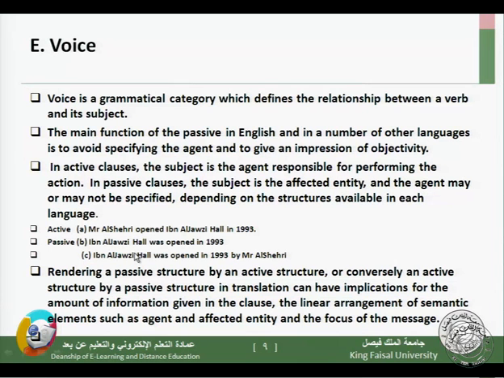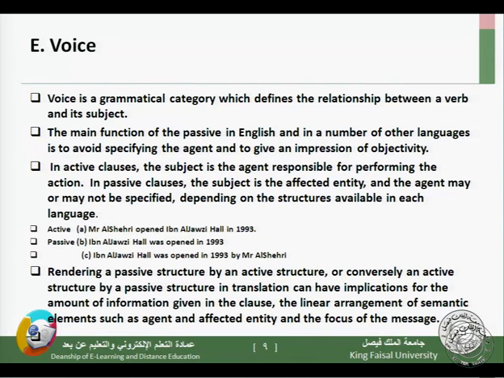But now, if you want to be specific about the agent, the person who opened it, then you would say, Ibn al-Jawzi Hall was opened in 1993 by Mr. Al-Shihri. Full stop. So this is just an example of an active example and a passive example.